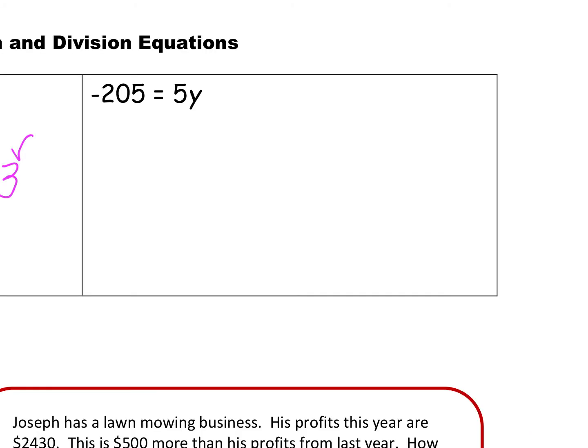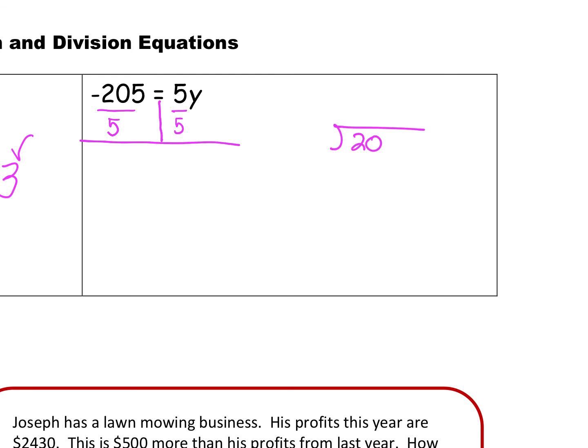And the next one, negative 205 equals 5y. Well, to undo multiplication, I want to divide both sides of my equation. So I'm going to bring down my balance, and I'm going to show that I'm dividing both sides by 5.